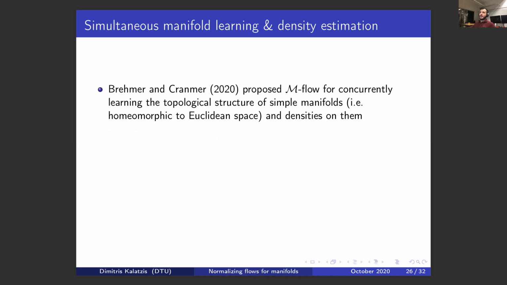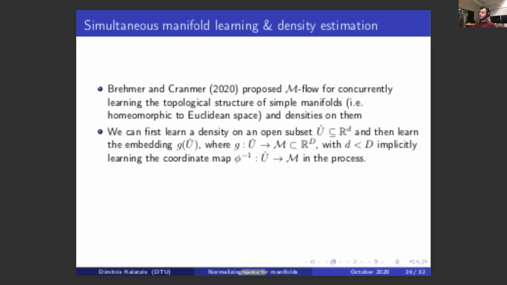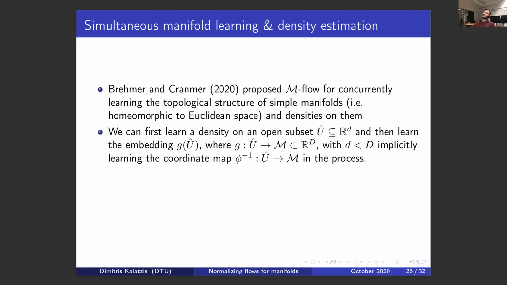So Brehmer and Cranmer proposed a model they called manifold flow, which learns topologically trivial manifolds, that is, manifolds that are homeomorphic to Euclidean space, which are embedded in some higher dimensional ambient space, as well as densities on them. Such manifolds need only a single chart to be described with.